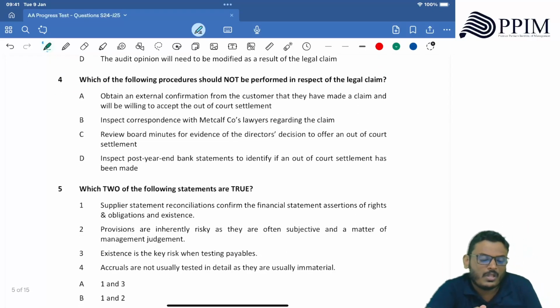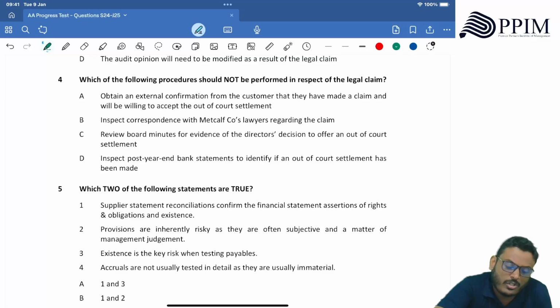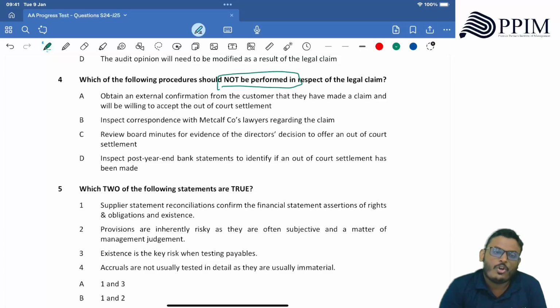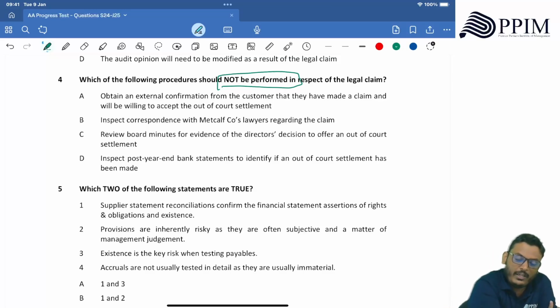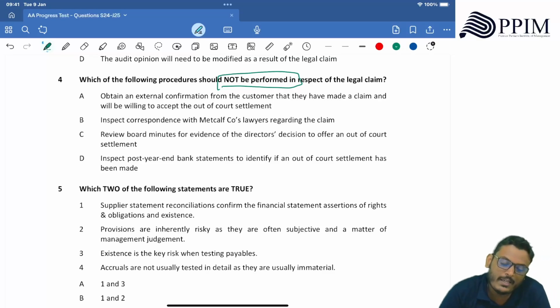Question number 4. Which of the following procedures would not be performed in respect of the legal claim? First point, obtain an external confirmation from the customer that they have made a claim and will be willing to accept out of court settlement. Inspect correspondence of the lawyers, correct.